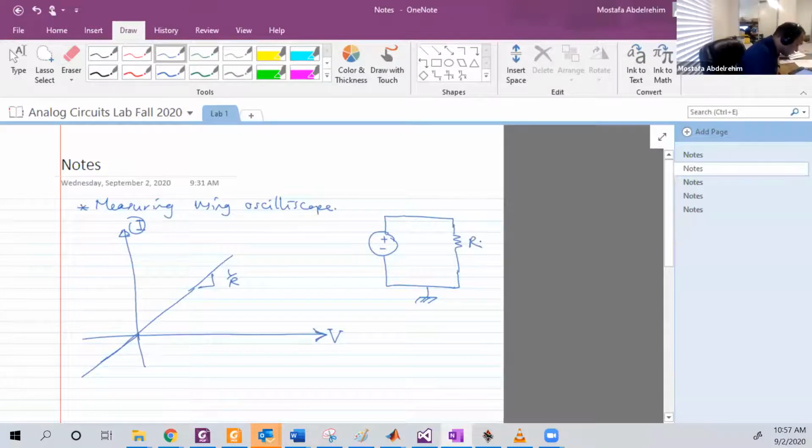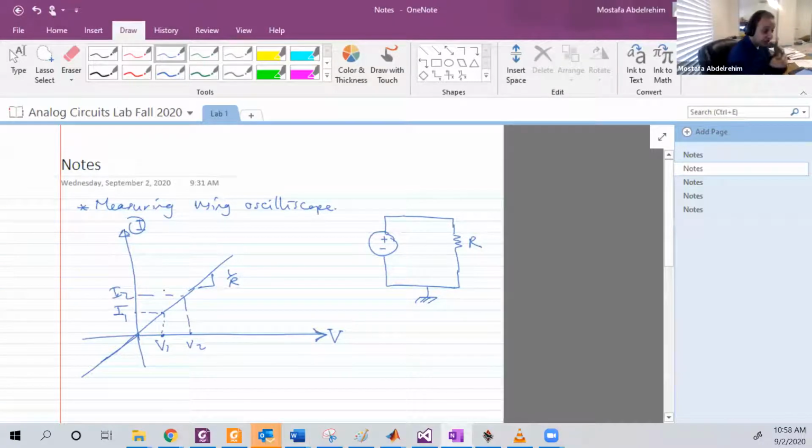Okay, so what we are basically doing is, for each point in V, we want to get a point in I. For V1, we want I1. For V2, we want I2, and so on and so forth.